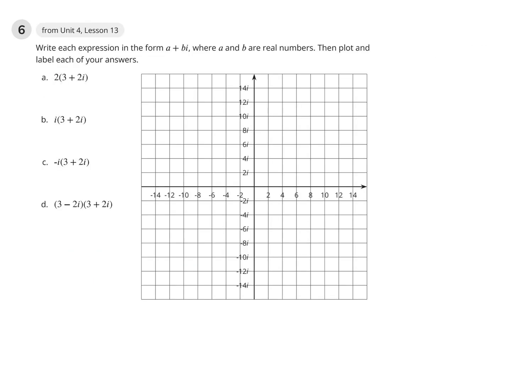Okay, so now what we're going to do is distribute. We get 6 plus 4i. 6 is here in the real number plane. 4i is right there. All right, so that's A. B, distribute your i's. So you get 3i plus 2i squared, which is negative 2 plus 3i.